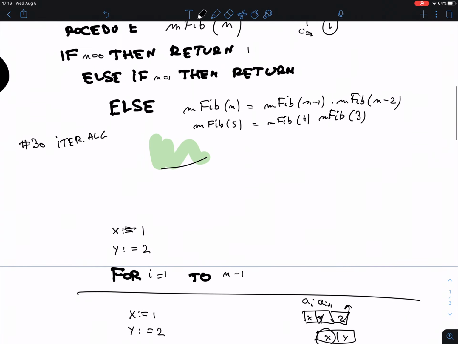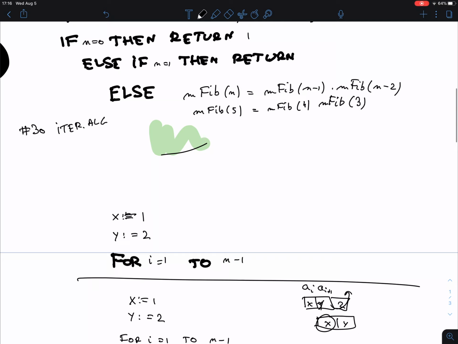And then each of these have to be calculated. So mfib4 needs its calculation and mfib3 needs its calculation. And I remind you, although in the calculation of mfib4 I will use mfib3, I cannot use that because I don't know that. When I'm in one calculation, I finally find this one, and then I go back to where I was, and then I figure out, oh, I have to do mfib3 also.